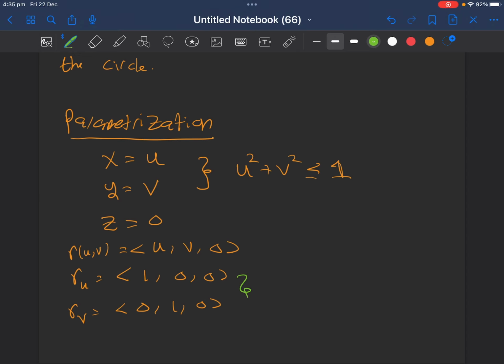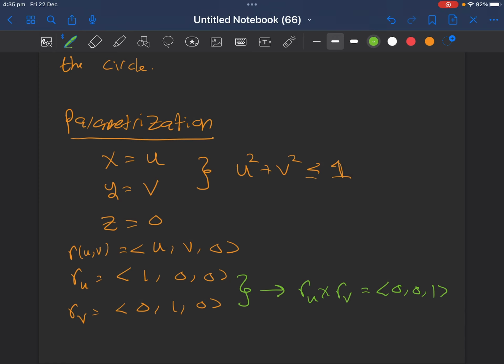So r_u cross r_v, this will become very easy because now r_u is i. This is j. You can find the cross product between i and j and it will be just k, which is 0, 0, 1. Of course, you can do it as a determinant, but that's what you should get.